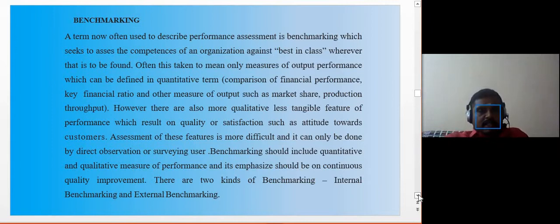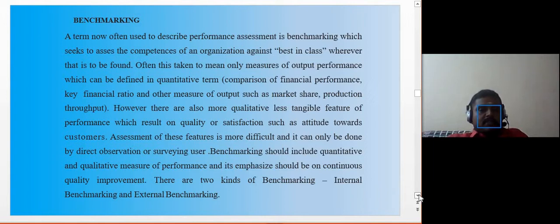Often this is taken to mean only measures of output performance which can be defined in quantitative terms: comparison of financial performance, key financial ratios, and other measures of output such as market share and production growth. However, there are also more qualitative, less tangible features of performance which result in quality or satisfaction, such as attitude towards customers.